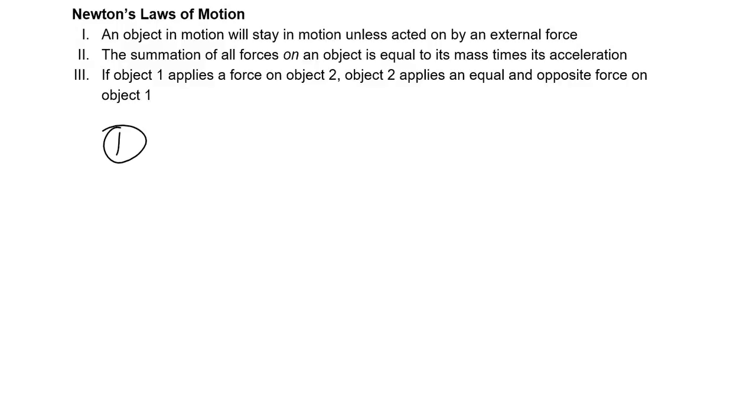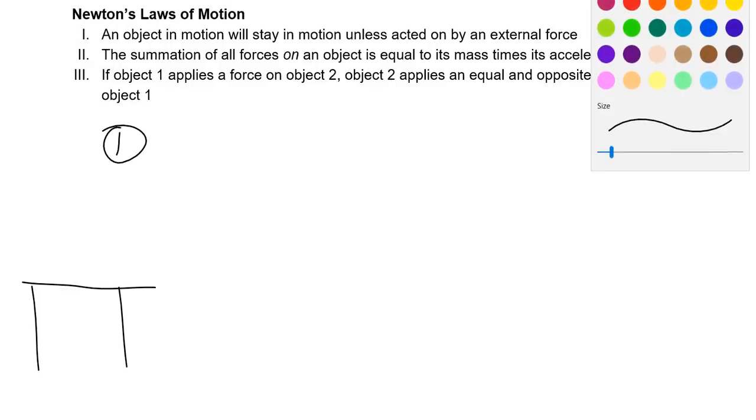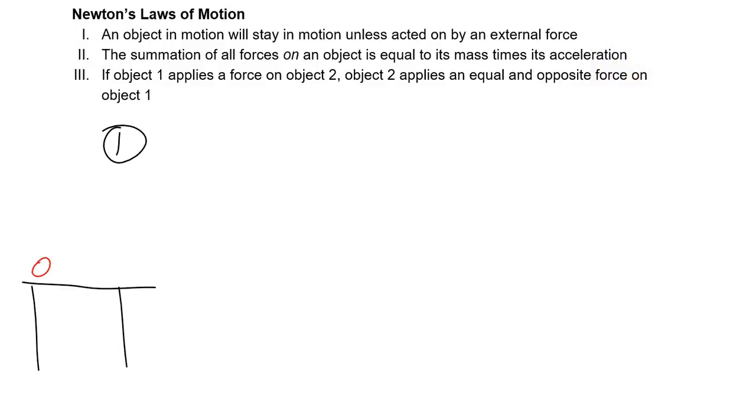So if we look at number one, if we have a ball rolling on a table, you can imagine that at some point it might stop rolling. We have to explain why this might happen. If an object in motion will stay in motion, why does the ball stop moving?